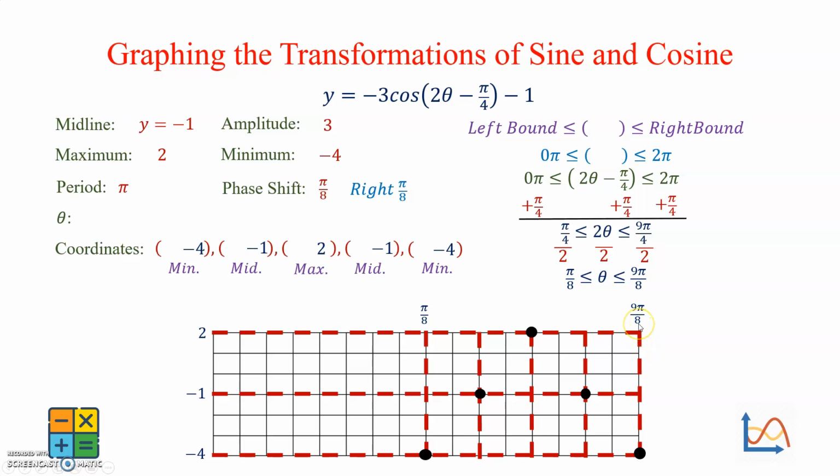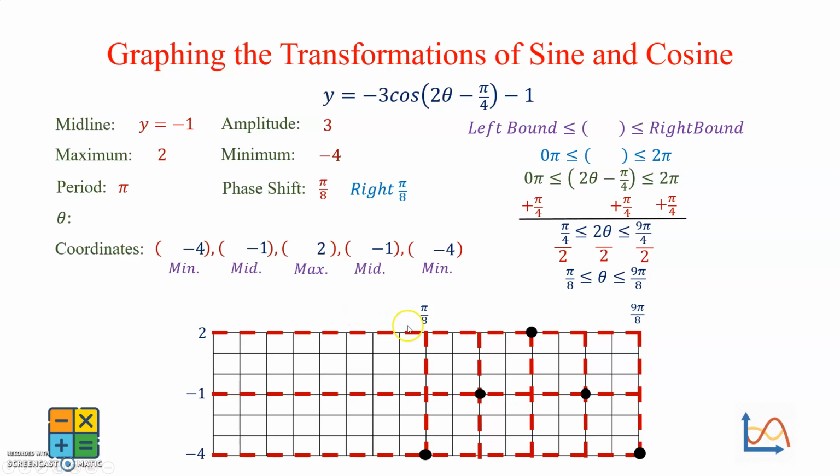And if we just pause for a second, this is like 1/8, 9/8. The distance from 1/8 to 9/8 is 8/8, or just pi. And look what we have here. The period was pi. So all of these numbers are beginning to match up.